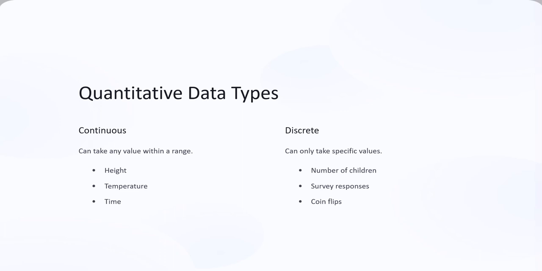And what is the discrete data set? It takes only specific values, like the number of children or number of students, the survey respondents, or the coin flip. Sometimes, there is one popular method in mathematics, the coin flip in probability analysis. So that is a discrete number, not a continuous number.